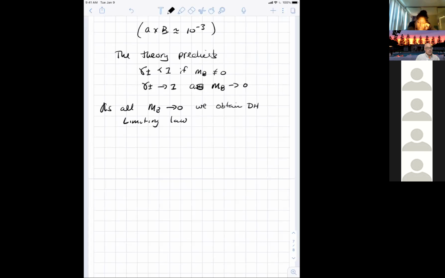The denominator goes to 0: the B times A part goes to 0, and you're left with just the top.